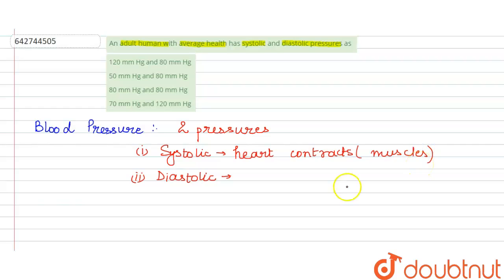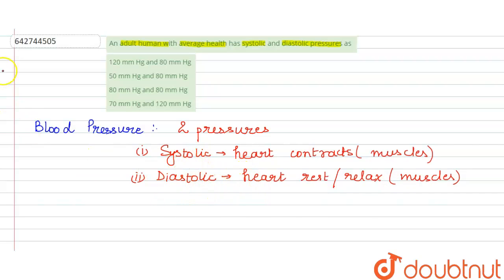Heart is a muscular organ which is made up of cardiac muscles, and when these cardiac muscles contract, they produce the systolic blood pressure. And when these heart muscles rest or relax, they produce the diastolic blood pressure.